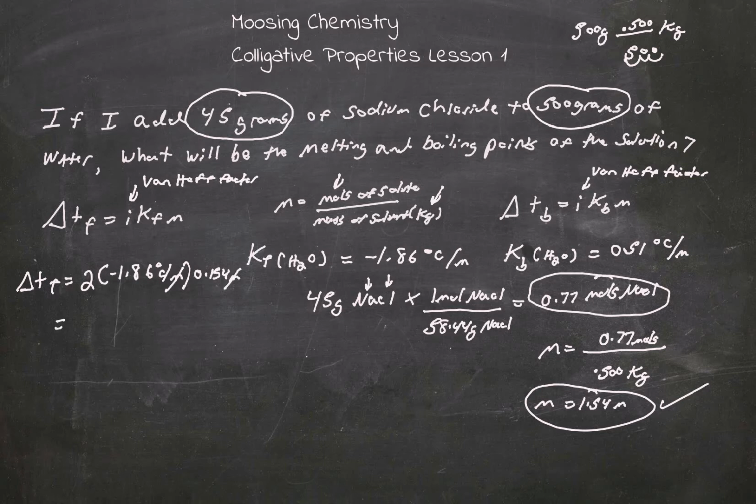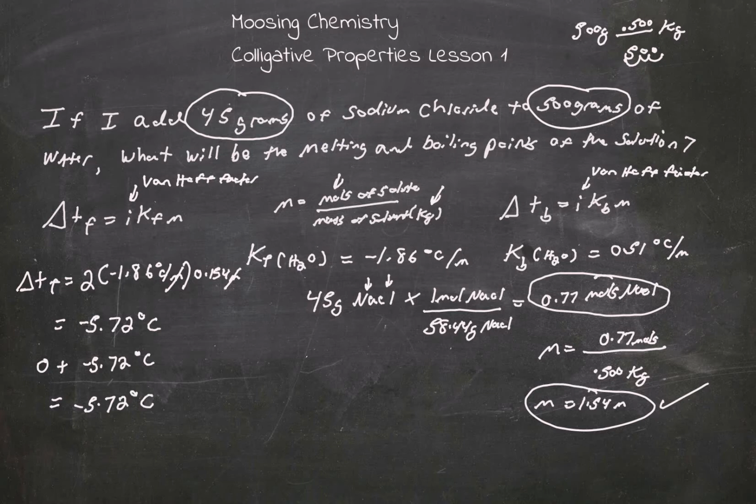And we multiply this through. We get negative 5.72 degrees C. Okay, so then you add that to 0, and that's the freezing point depression. So we add that to 0, negative 5.72 degrees C, and that gives me a new freezing point of negative 5.72 degrees C.